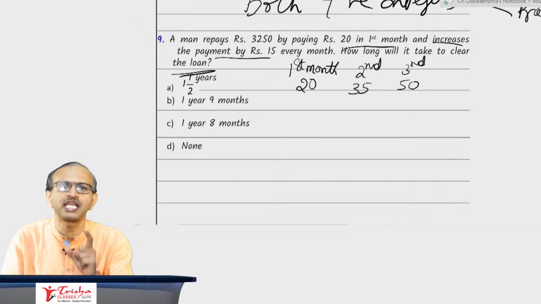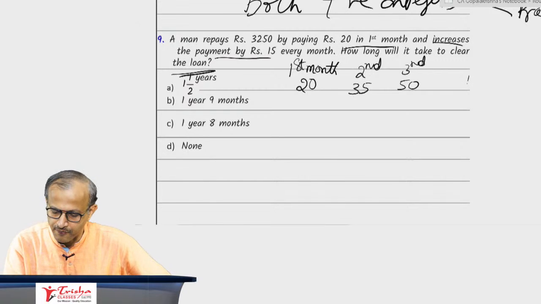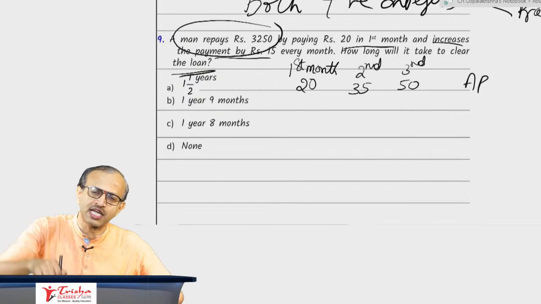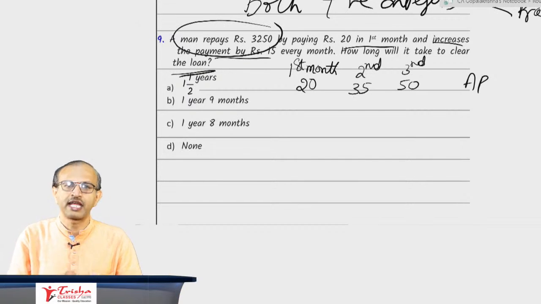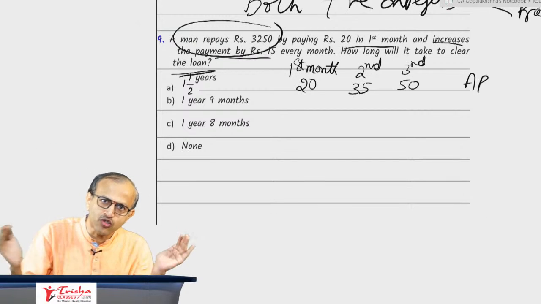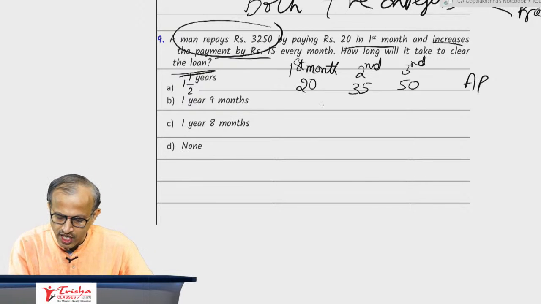Is it AP? Is it GP? Which one? Not given, that's what makes it an application problem. It is an AP. Tell me, 3250, is it the last term or the total? A man repays, he borrowed, all his monthly installments should total 3250. It is the total. Therefore, I will write 20 plus 35 plus 50, all the total should make 3250.